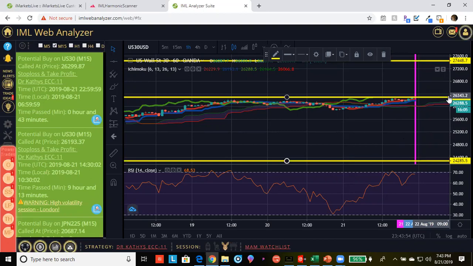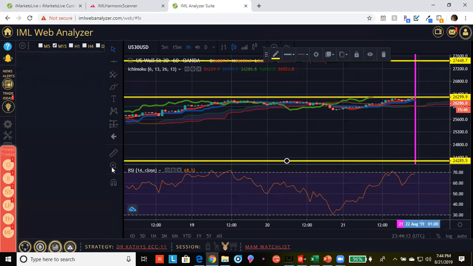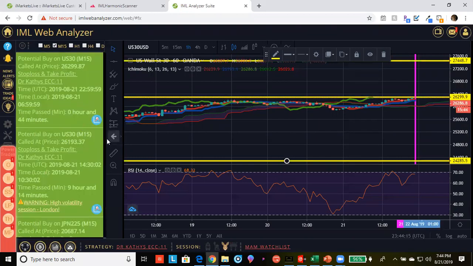And we're going to put in here for our stop loss 24285.5. Modify. And that one's set, and we're just waiting for all these to do what it has to do. Just a minute, guys. Hold on. I'll be right back.